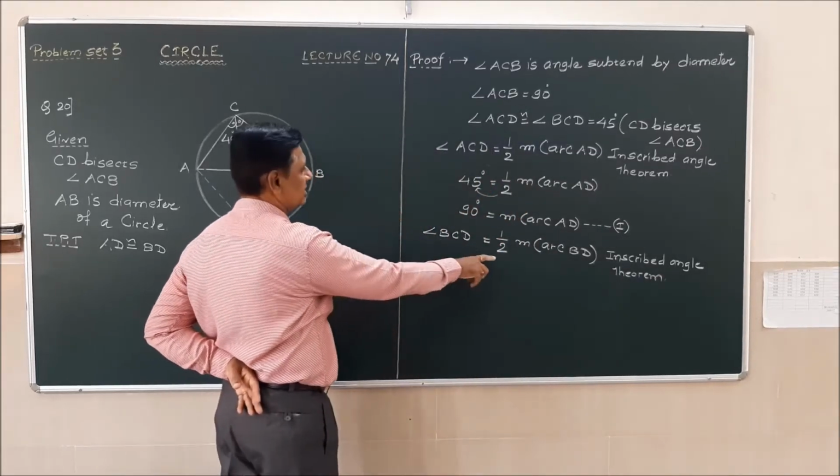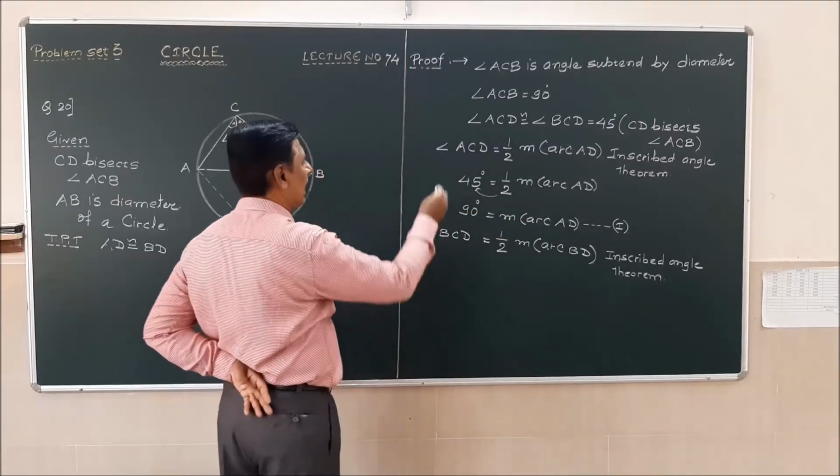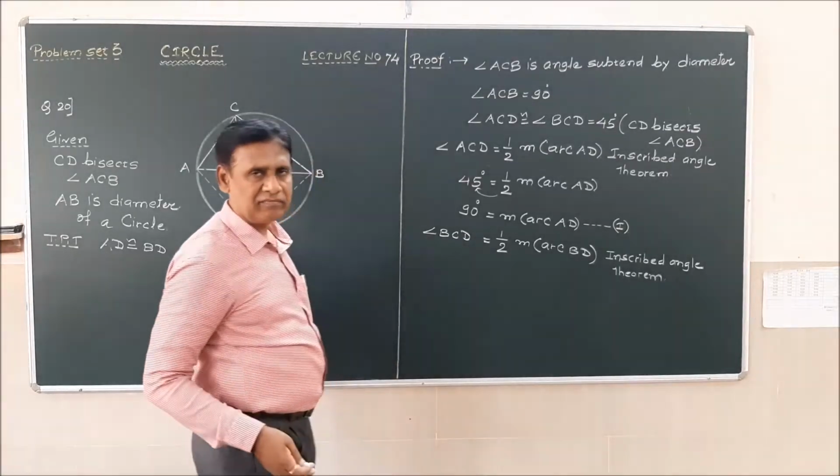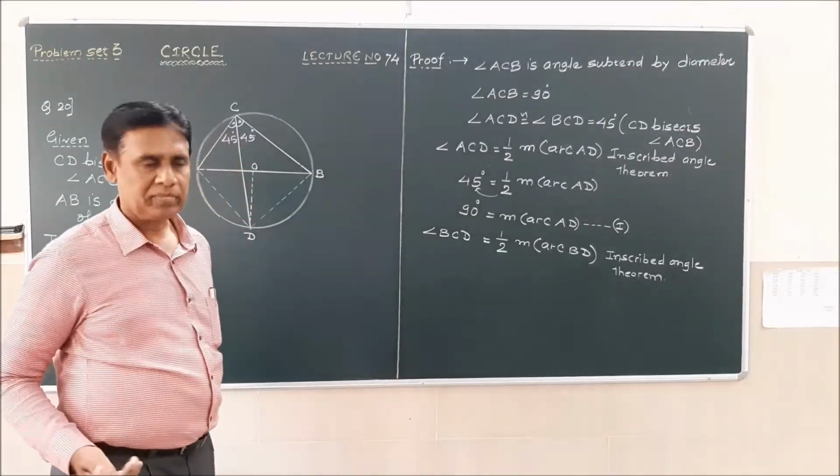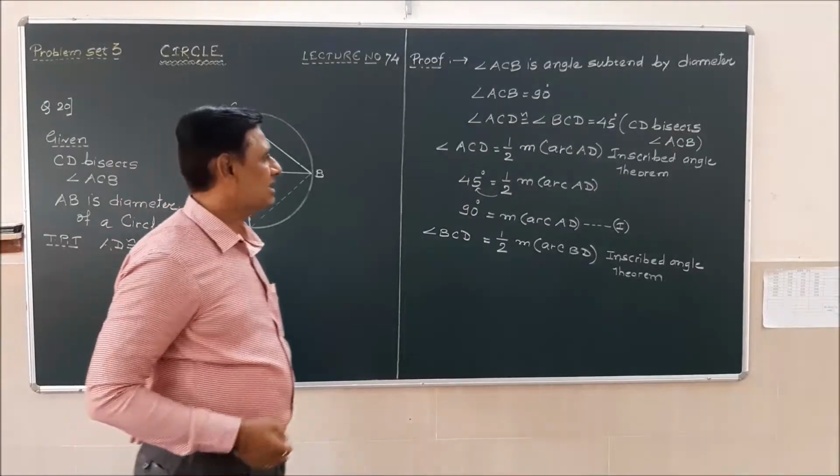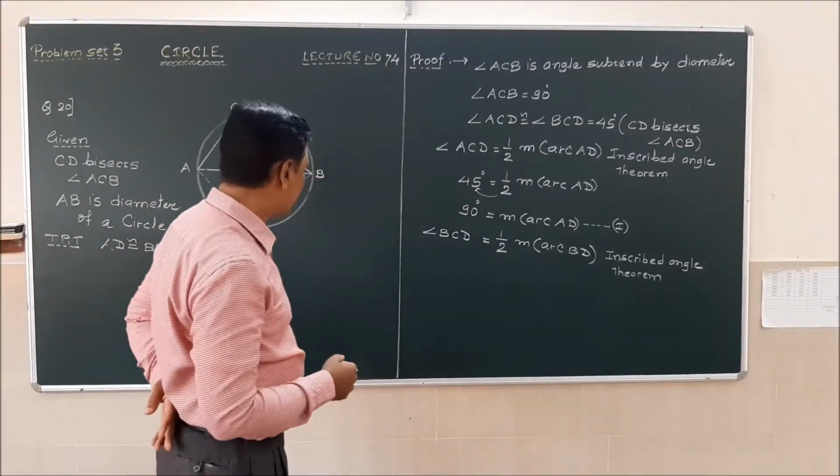So angle BCD is equal to half the measure of BD.